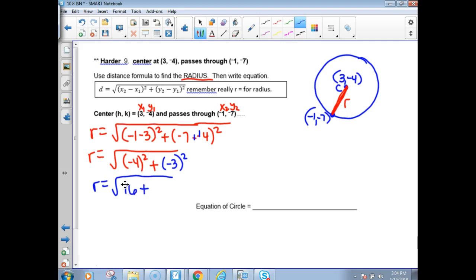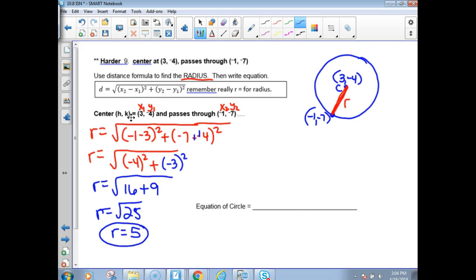So I'm hoping you'll just write 16 and not put it on the calculator. -3 times -3 would be positive 9. And if you do it on the calculator, just type it with parentheses. You add 16 and 9, that's going to give you 25. So we have the square root of 25, and r is 5 then.